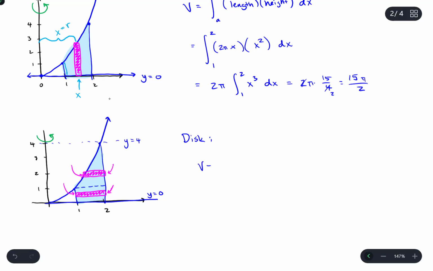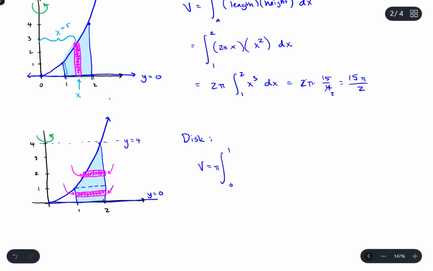Okay, so setting up our volume then would require 2 integrals, one going from 0 up to y equals 1, so y equals 0 to y equals 1. And to get the volume of this region rotated around the y-axis, I would need to use the washer method, and here's what I would need to do.